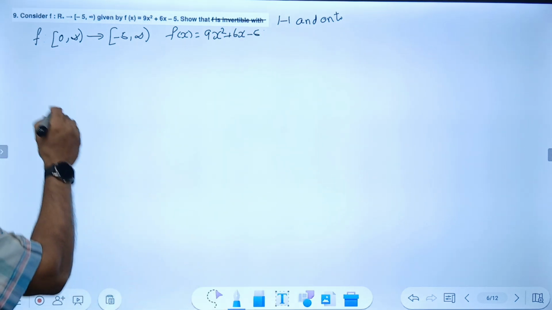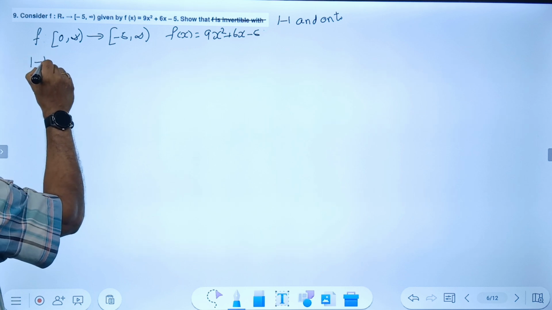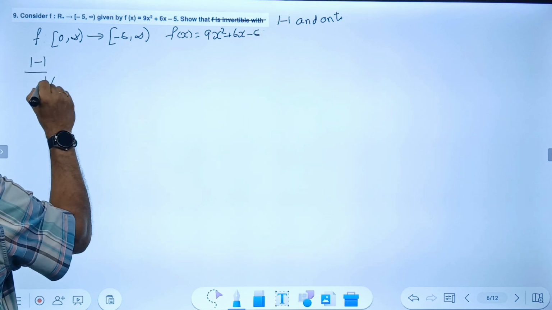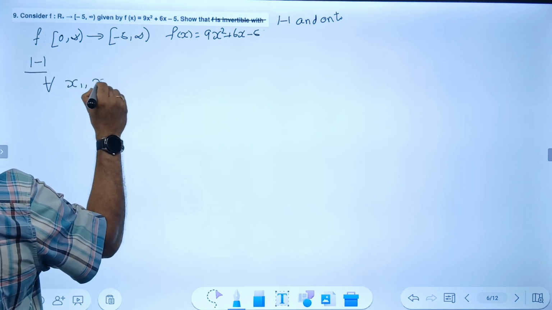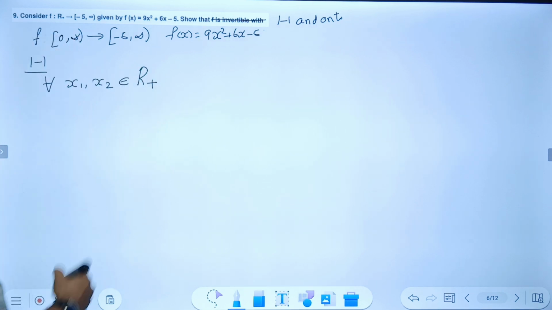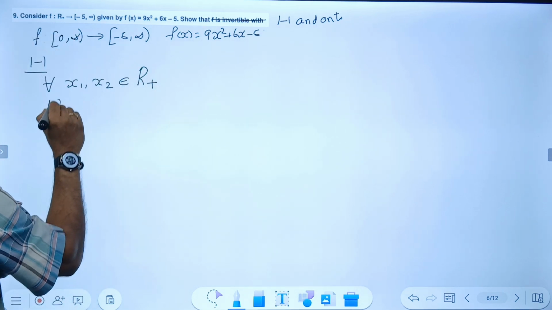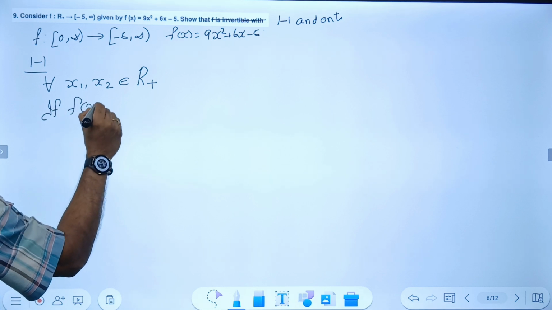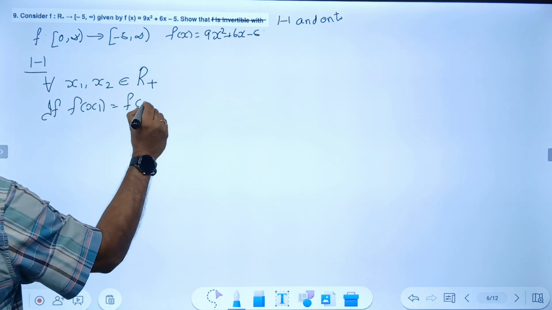Okay? Now 1 to 1. How do I verify 1 to 1? For every x1 comma x2 belongs to R plus, that is 0 to infinity, if f of x1 equal to f of x2.